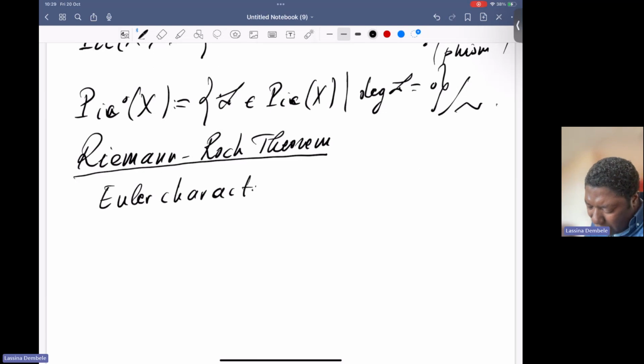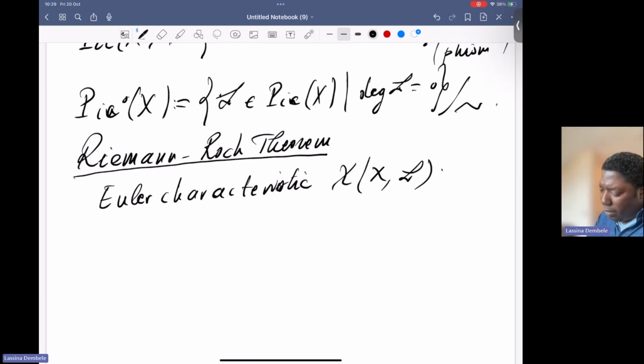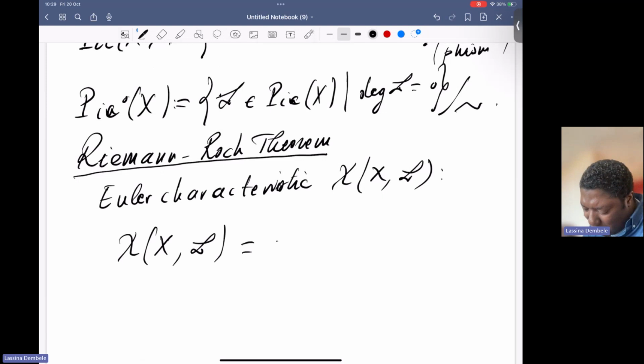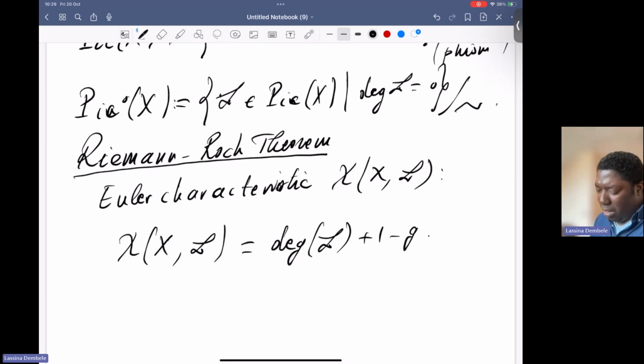It says that if we take the Euler characteristic chi of our line bundle L, it is equal to the degree of the line bundle plus 1 minus g.